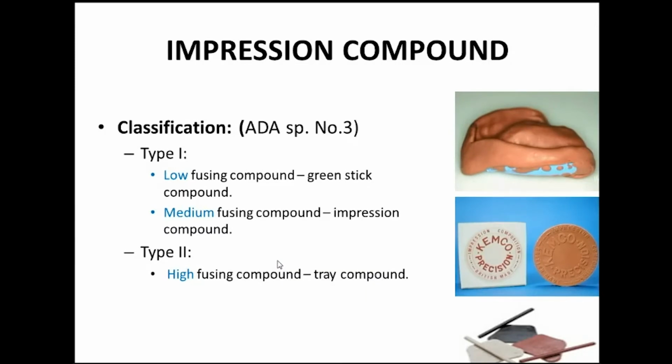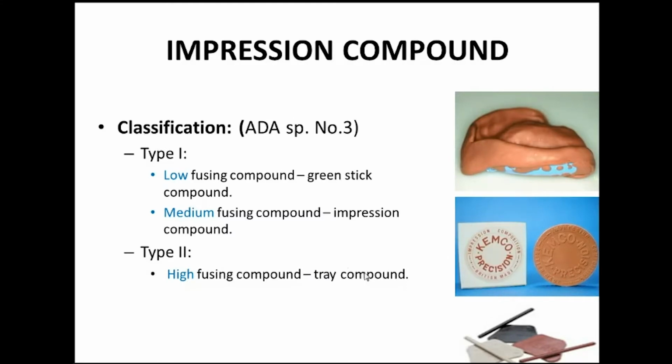Impression compound is classified according to ADA specification number 3 into 2 types. Type 1, low fusion compound. Like what? Like green stick compound, or medium fusion compound. Number 2 is high fusion compound.